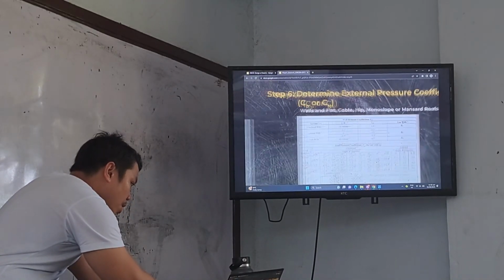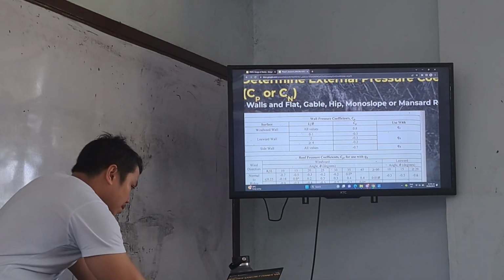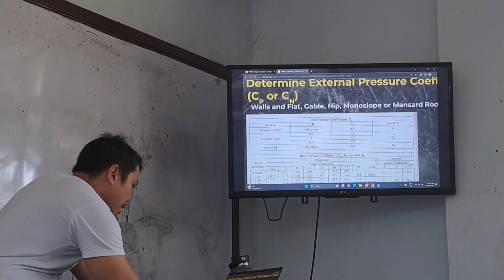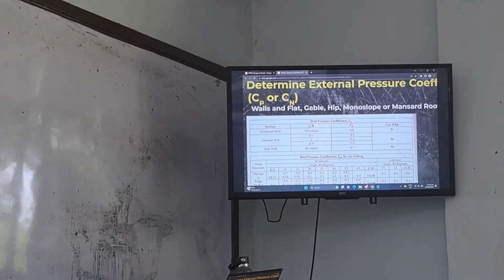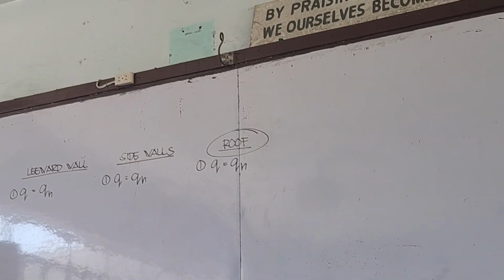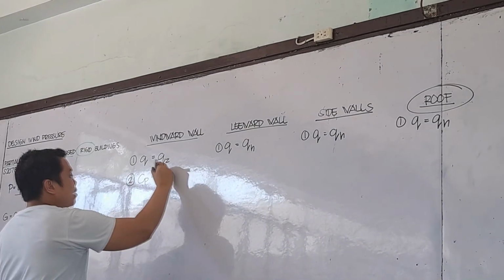These are your wall pressure coefficients. For windward walls, Cp is 0.8 positive.